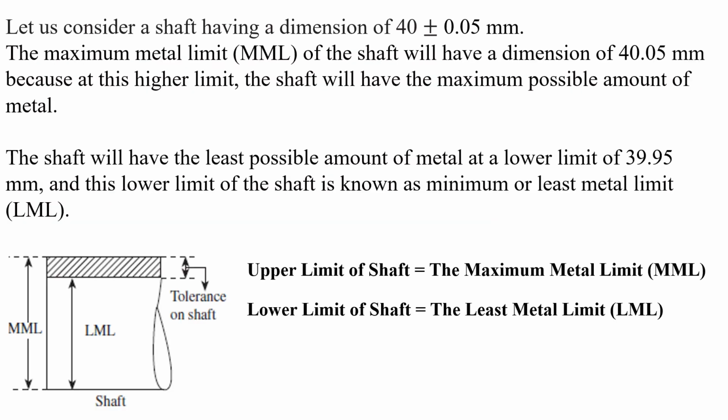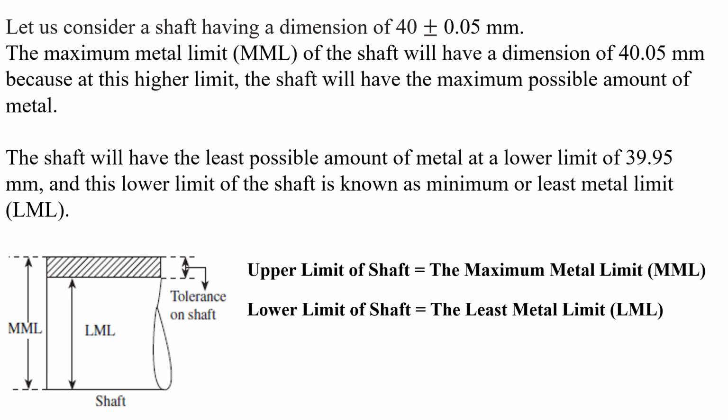So next we have to discuss the maximum metal limit and the least metal limit for the shaft with one example. Let's consider a shaft having the dimensions of 40 plus or minus 0.05 mm. So here it is given the upper limit as well as the lower limit, that is 0.05, and the basic size is 40.